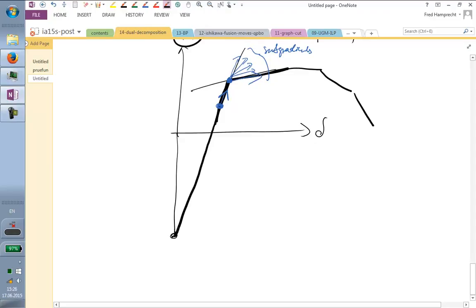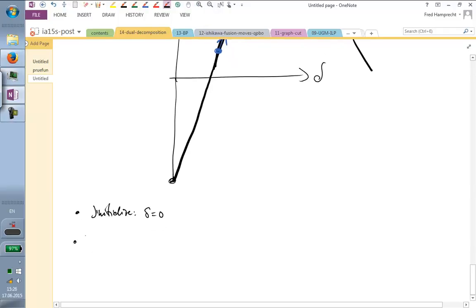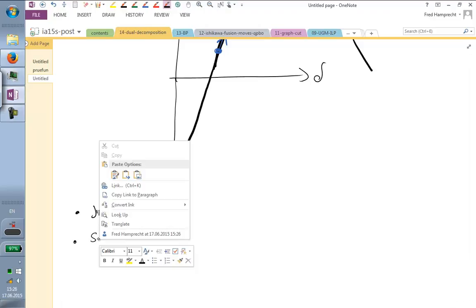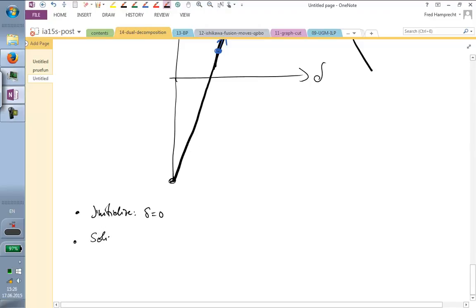So indeed, we can start by initializing our search at delta equals 0. And then we solve in each of our subproblems, solve for the optimal labels.